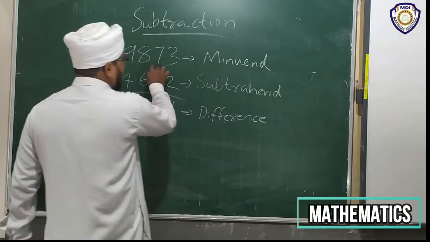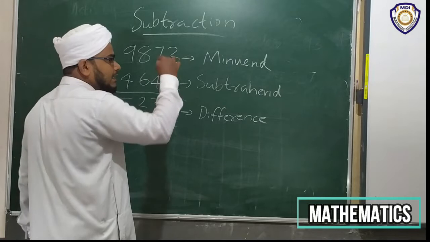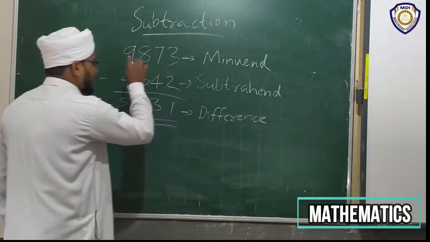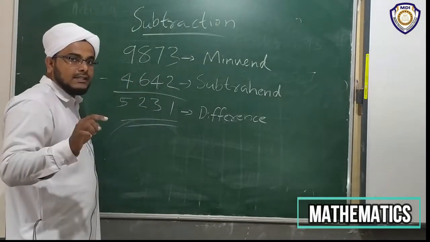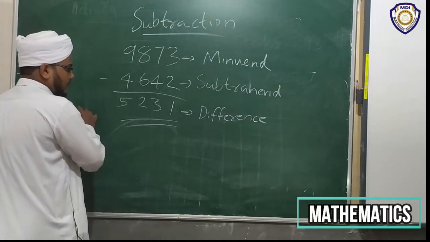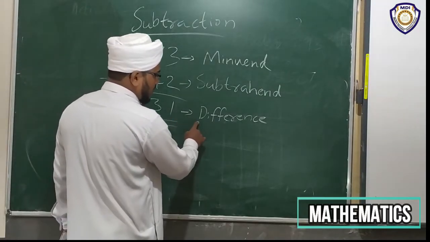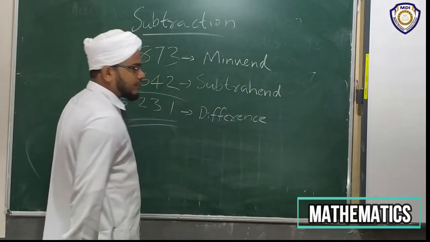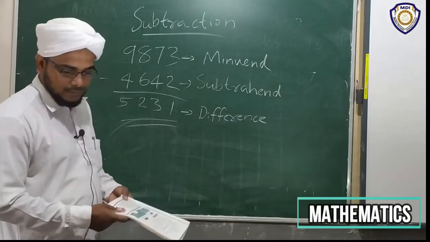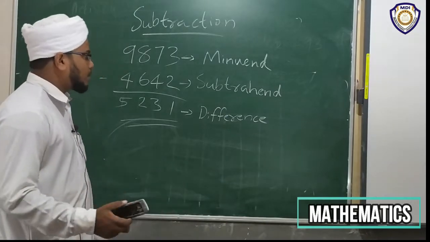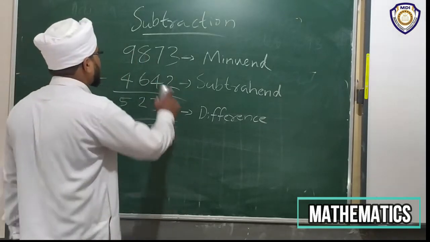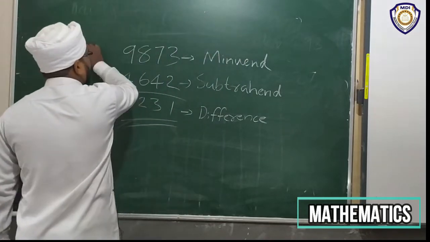Minuend means the number from which another number is subtracted. Subtrahend means the number that is subtracted from the other number. Okay? Yes. This is the result. The result is called difference. Okay? Do you understand? Yes. These are very, very important things related with addition and subtraction. You have to study these names well.